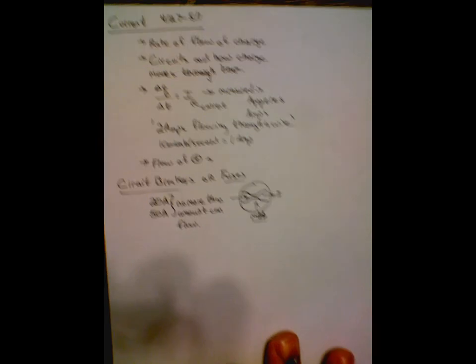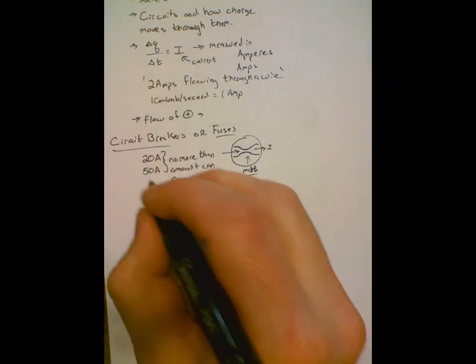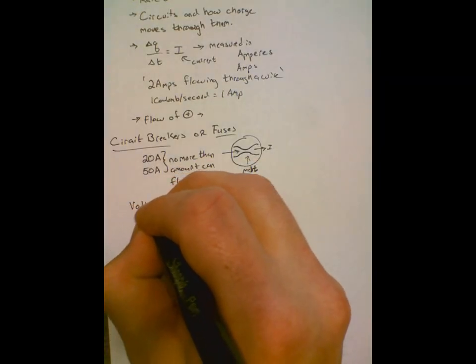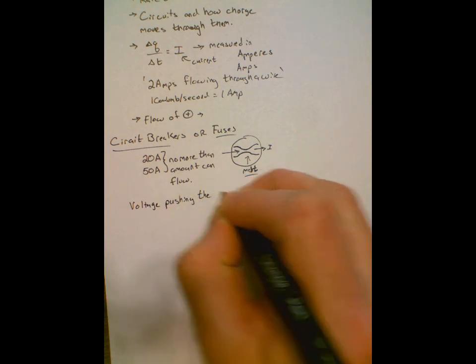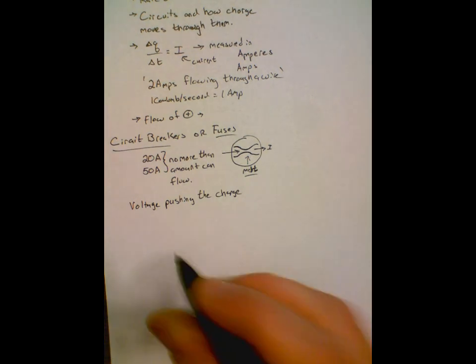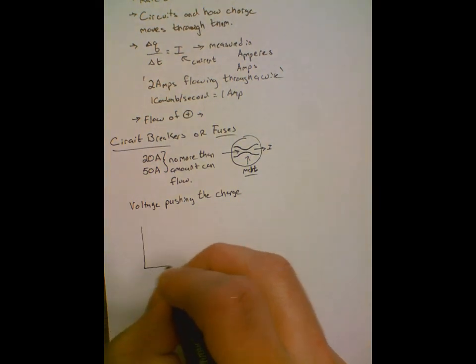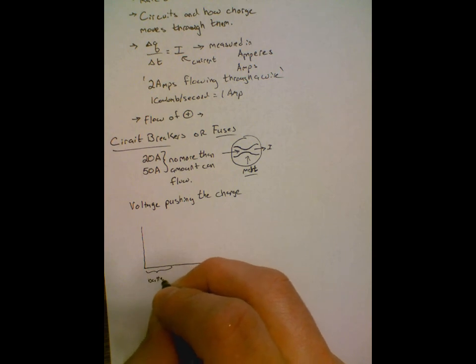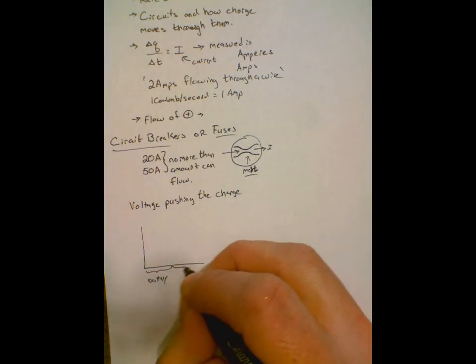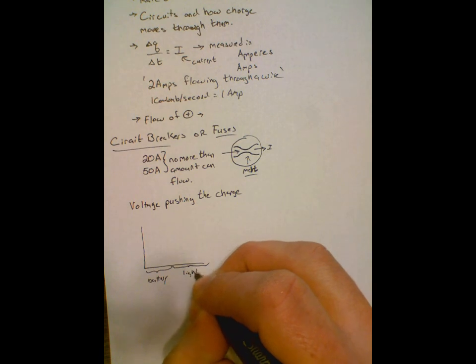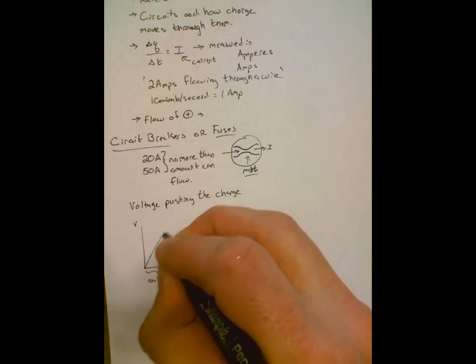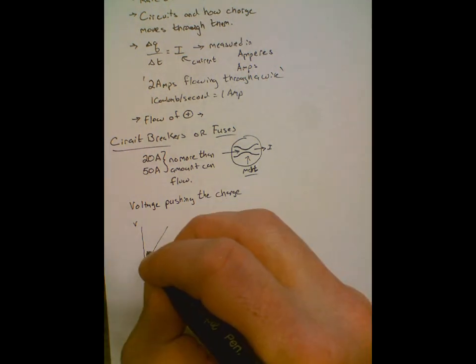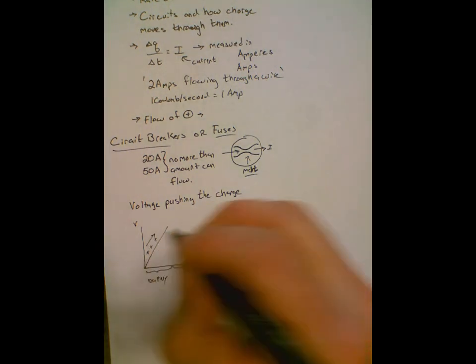So when you're dealing with current, you have this idea of voltage pushing the charge. So let's say you have a circuit with a simple battery in it, and then a light bulb. The battery makes a lot of voltage. The charge gains energy.